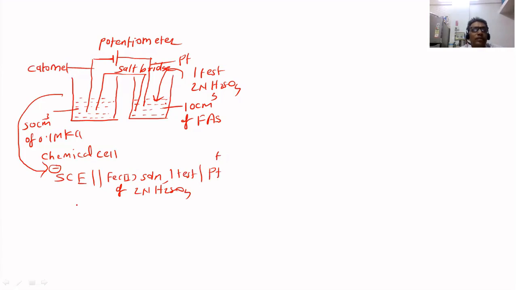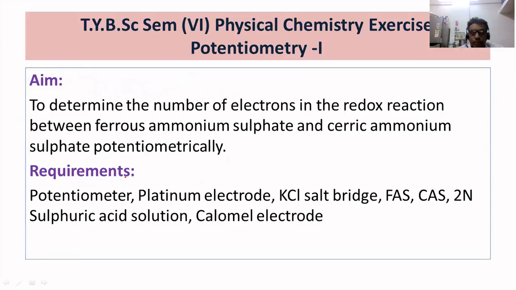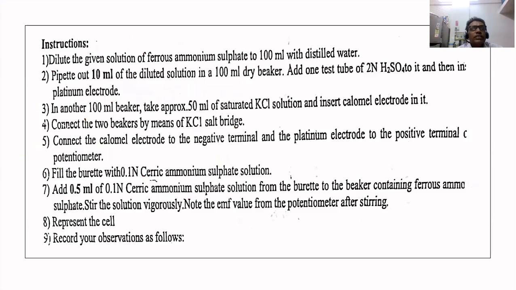Okay. Now let us see how to perform the experiment. Once we construct the chemical cell like this, later on we have to measure the EMF of the cell. Instructions: dilute the given solution of ferrous ammonium sulphate to 100 ml in a dilution flask.